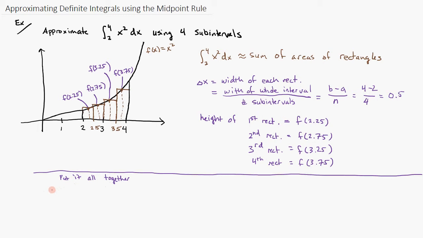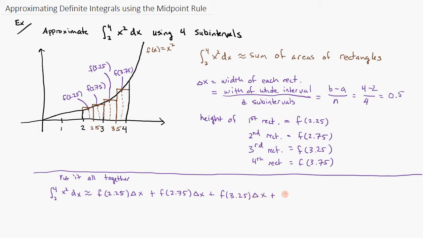Again, we're approximating the integral from 2 to 4 of x squared dx, and it's the sum of the areas of the rectangles. The first rectangle would be f of 2.25 times delta x, so height times width, plus f of 2.75 times delta x, which is the second rectangle. And then the third rectangle, f of 3.25 delta x.